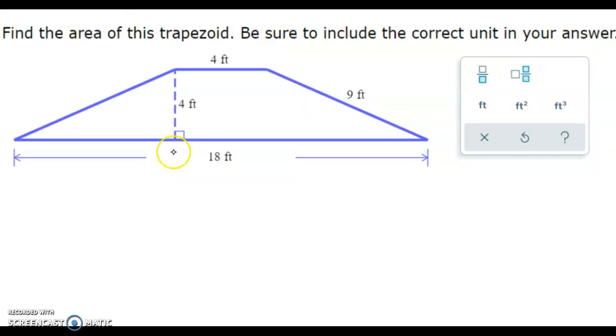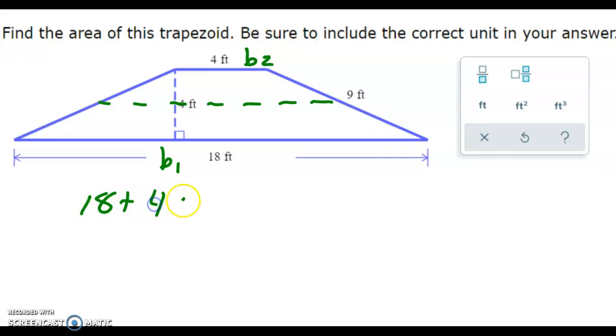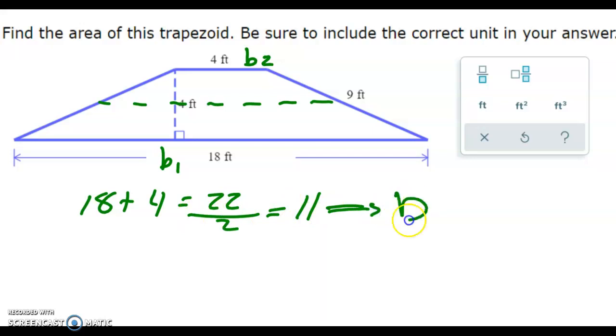So your two bases, okay, your base 1 is 18, your base 2 is 4. So again, if we're looking for that base average, 18 plus 4 equals 22, divided by 2 equals 11. So 11 is your base average. That's the value we're going to use when we're finding the area now.